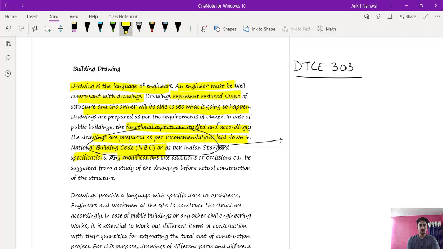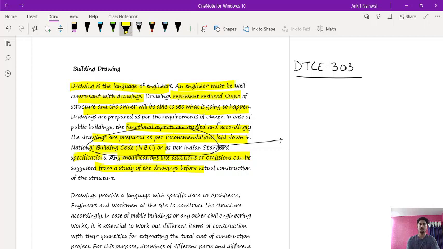Any modification like addition or omission can be suggested from study of the drawing. By studying any drawing, you must be able to explain to the owner that this is that part of the building and this is that part of the building.